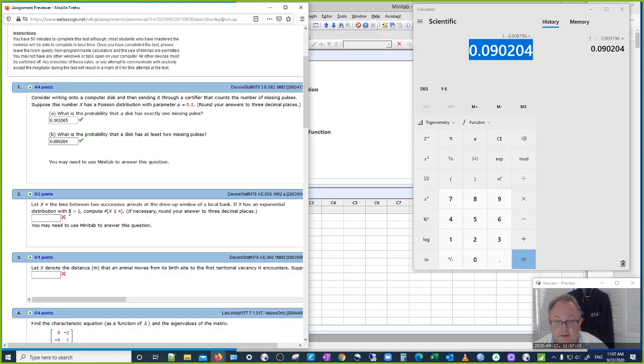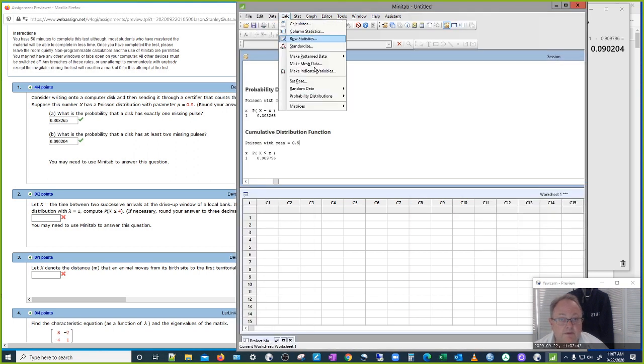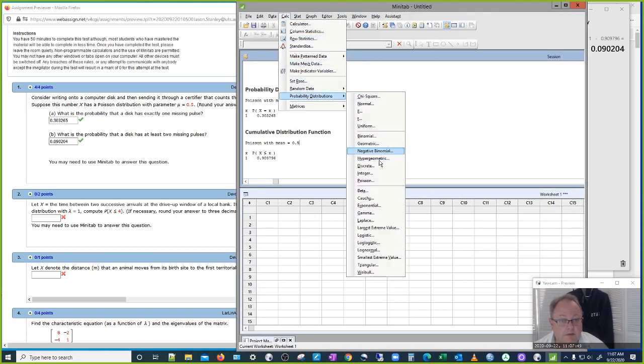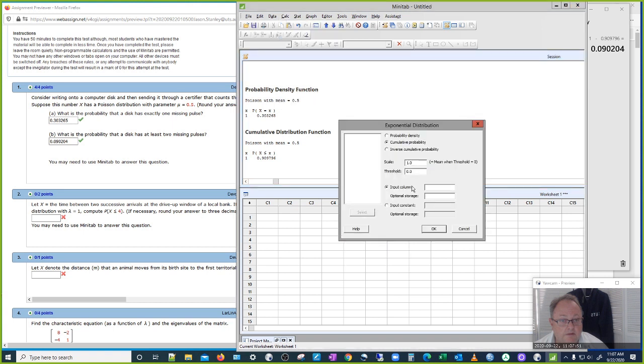For this guy here, it's an exponential, but 1 over 1 is 1, so that's the trick there. So 1 over 1 is 1, so we've got a cumulative distribution of 4, so that should be fairly straightforward for us to go to probability distributions, exponential.